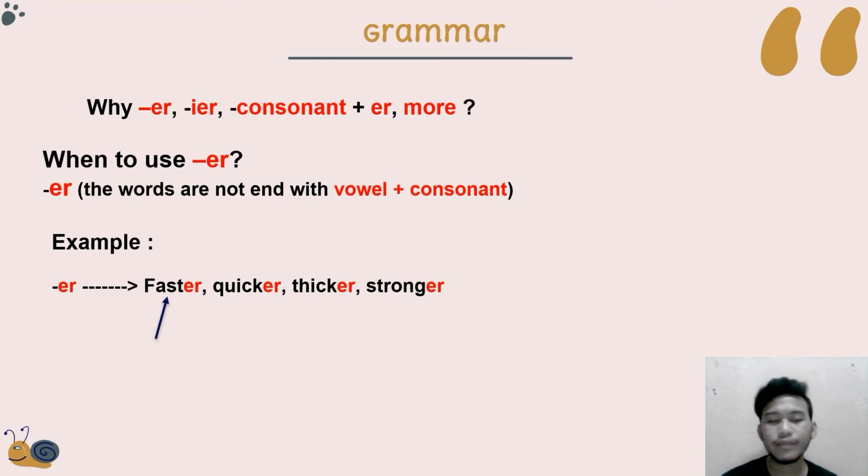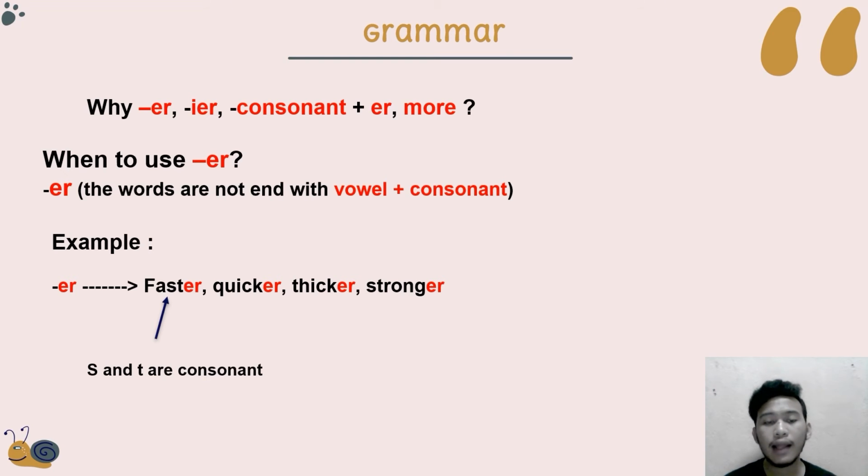F-A-S-T, fast, without er. You look at the last two letters, which are S and T. S and T are both consonants, and there is no vowel at the end of the word. So we need to use er.